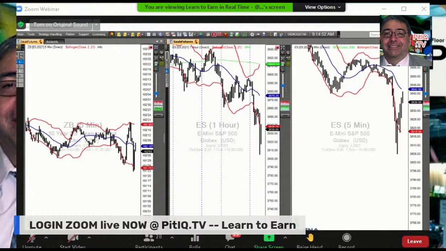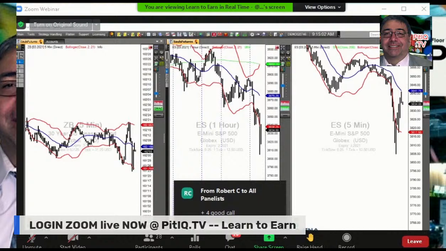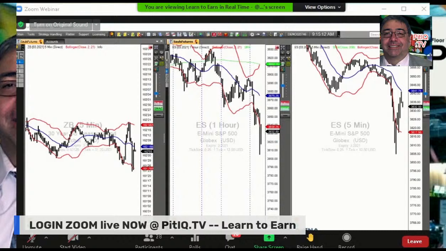Like I said, I would have liked to get 43. We got up to 41 and change. So if you're waiting for 43 and you didn't get it, my point is that you probably have to adjust a little bit more. Maybe look at the 47 area, which is our pivot.